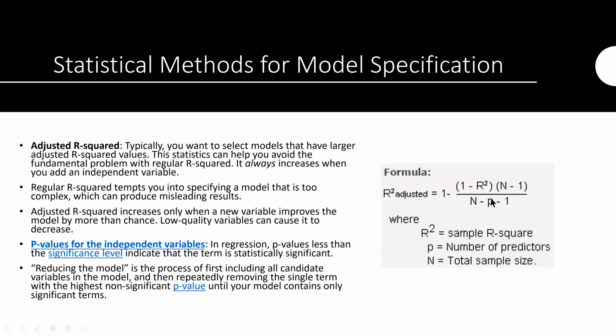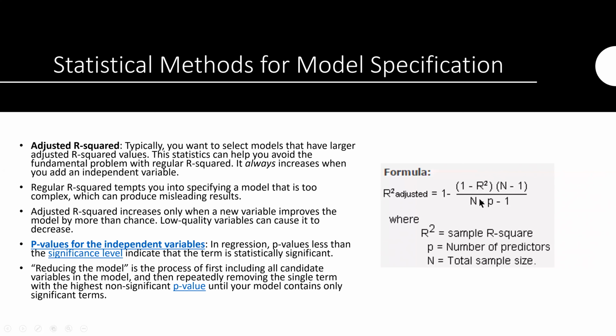But you know, if you increase the P from 2 to 3 to 4 to 5, depending on your data set, R square adjusted will impose some penalty on it, because look, if your P is large, this n minus P minus 1 will become smaller, because you subtract a bigger number from n.